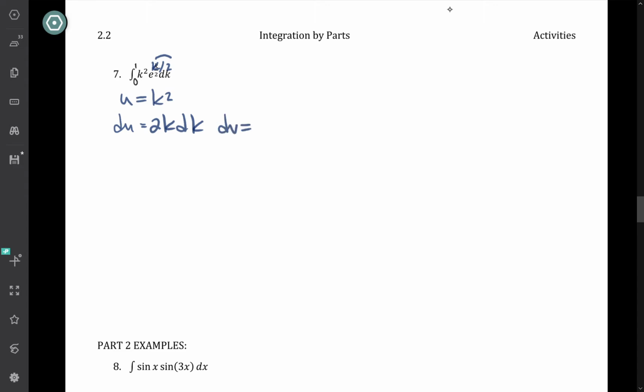This means that for dv, I get e to the k over 2 dk, which means my v is going to involve an e to the k over 2, but I have to be careful about the chain rule. The derivative of e to the k over 2 is e to the k over 2 times 1/2, which means if I don't want that 1/2 showing up when I'm all done, I need an extra 2.